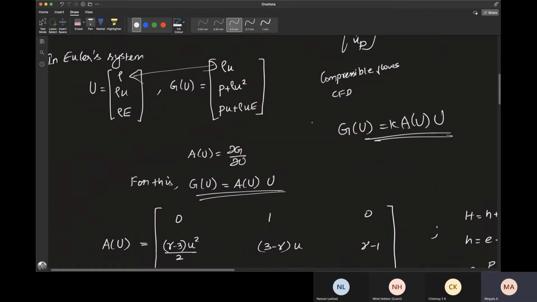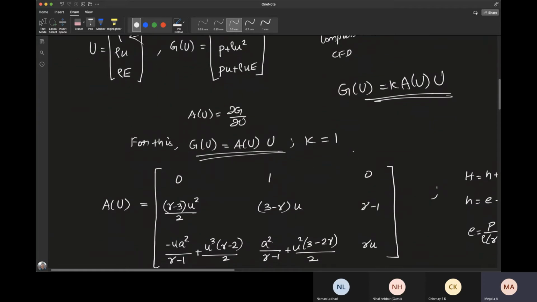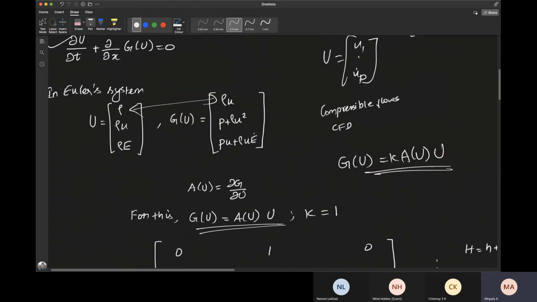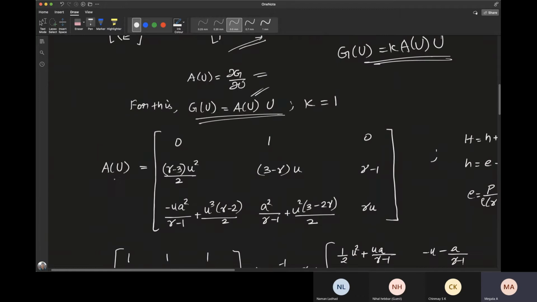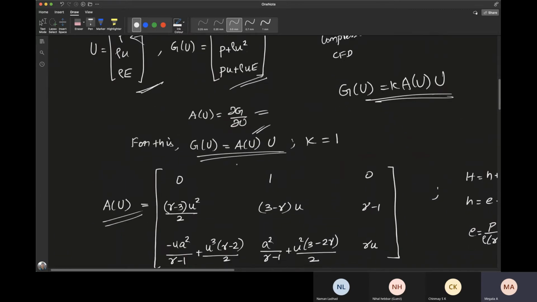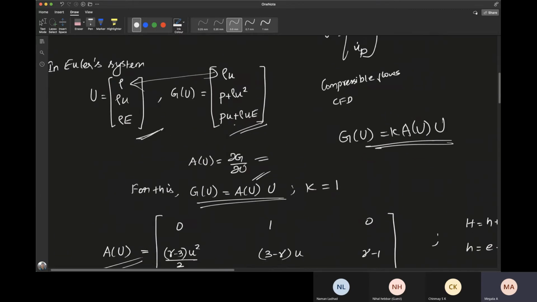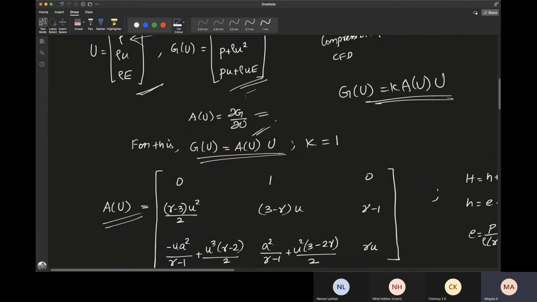For Euler's system, this k is 1. This can be seen directly. We know what g of u is, and by differentiating g with respect to u, we can find A of u. That is this matrix. We can multiply this matrix with the conserved variable vector u and see for ourselves that it will give g of u.